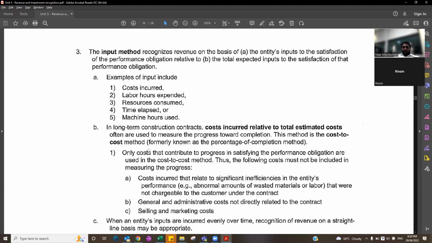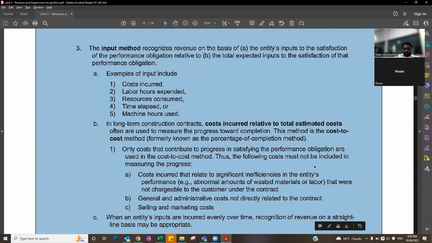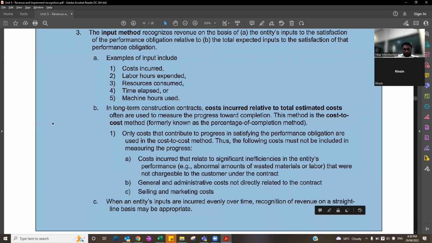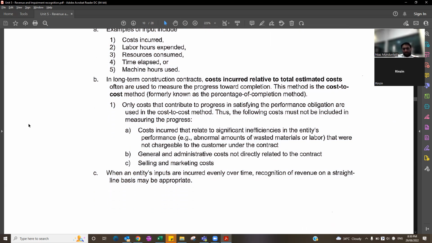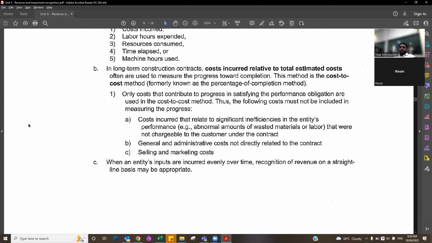So now, only costs that contribute to progress in satisfying the performance obligation are used in the cost method. Thus, the following costs must not be included in measuring the progress. For example, we entered into a contract to construct a house. For example, you gave me a contract to construct a villa for you. According to your plan, there should be 4 rooms.